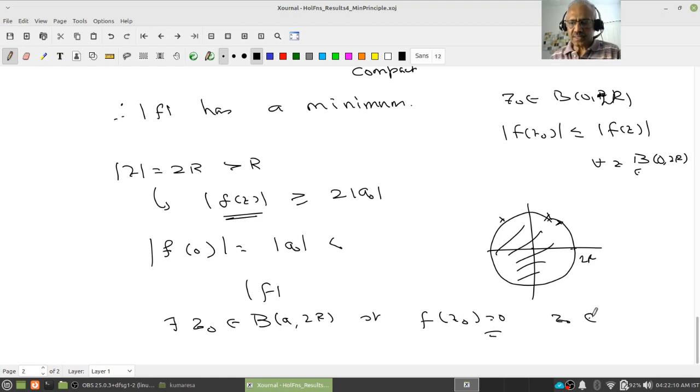This point z0 cannot be on the boundary. Therefore, it has to be in the interior. But once it is in the interior, the minimum modulus principle says that f of z0 must be 0. There is no way out. Please understand this logic carefully.